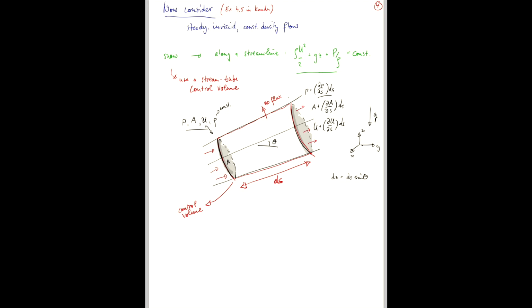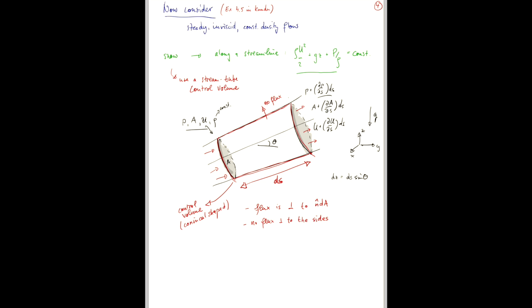Since this is all small, these are approximately conical shaped control volumes, and flux is perpendicular to the surfaces, which we will write as NdA, and no flux perpendicular to the sides.